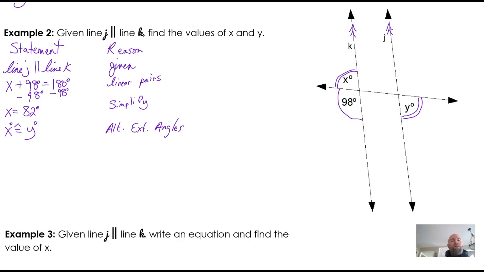So because of that alternate exterior angles theorem, we can say that y would be equal to 82 degrees. Or we can say that because of the transitive property, or because of substitution.